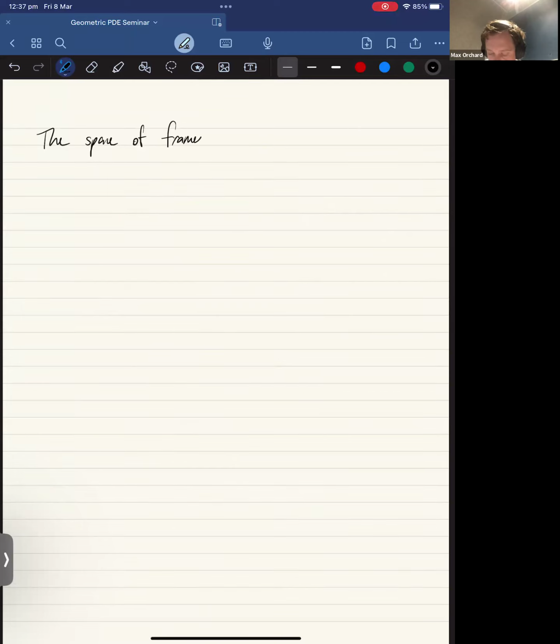Now, if we look at the space of all frames at a point x, which we're going to denote with F_x, F for frame, this space has a continuous right action by GL_n.